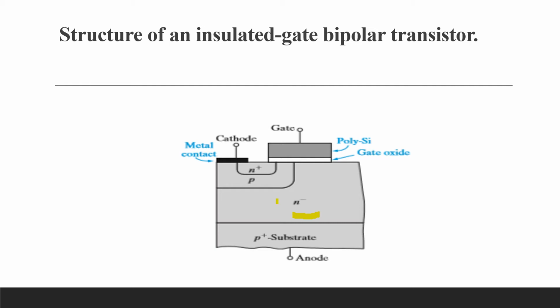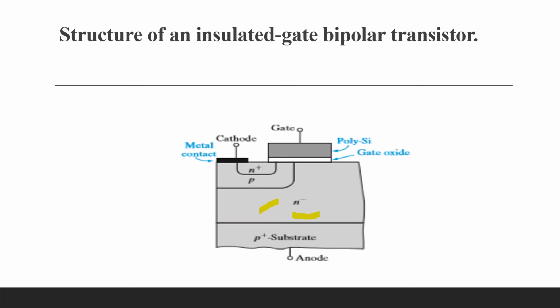This lightly doped N region can therefore support a large blocking voltage in the off state. In the on state, the conductivity of this lightly doped region is increased by the electrons injected from the heavily doped N-type cathode and holes injected from the heavily doped P-type anode. Hence the alternative name conductivity modulated FET.